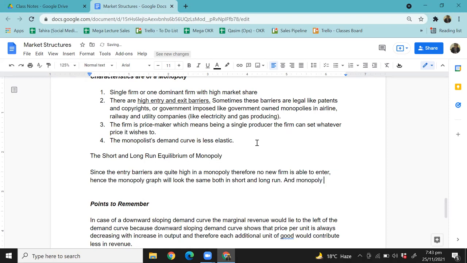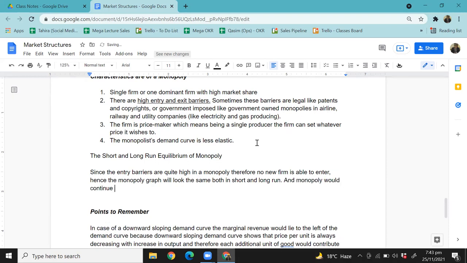Monopoly would continue to make abnormal profit even in the long run. Did you get this?